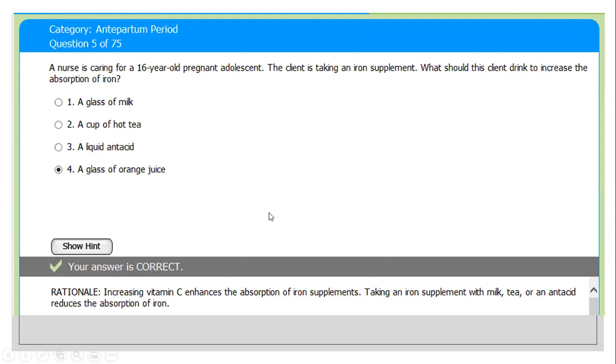So when a 16-year-old pregnant adolescent or teen pregnant comes to us, we always try to promote optimal physical and emotional well-being of the client. We monitor the fetal well-being.